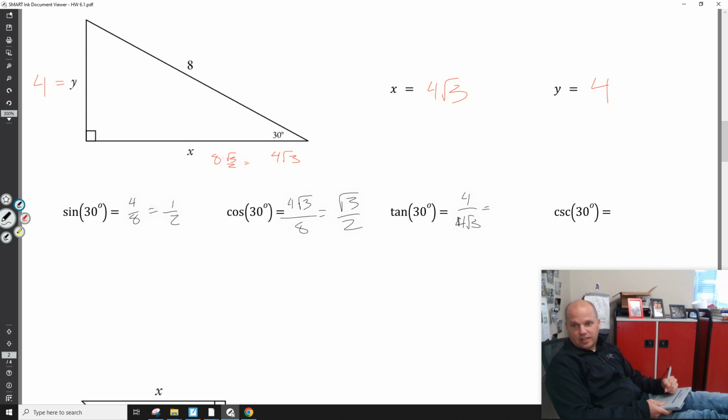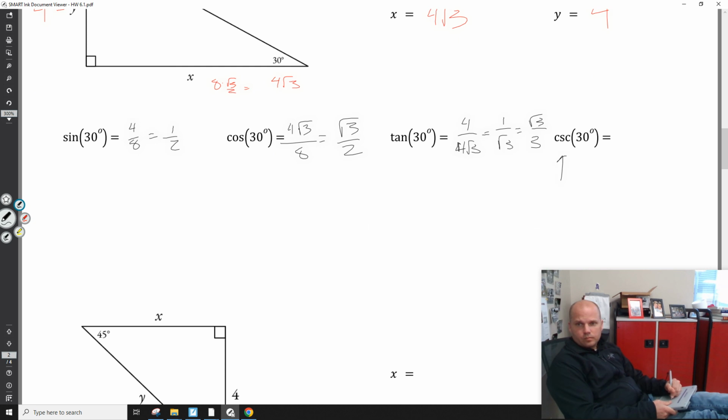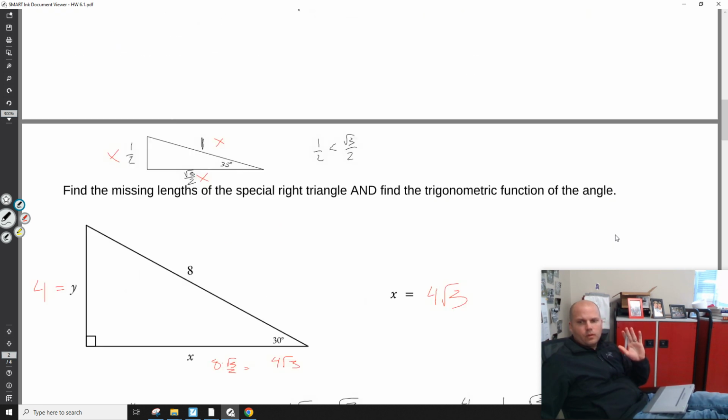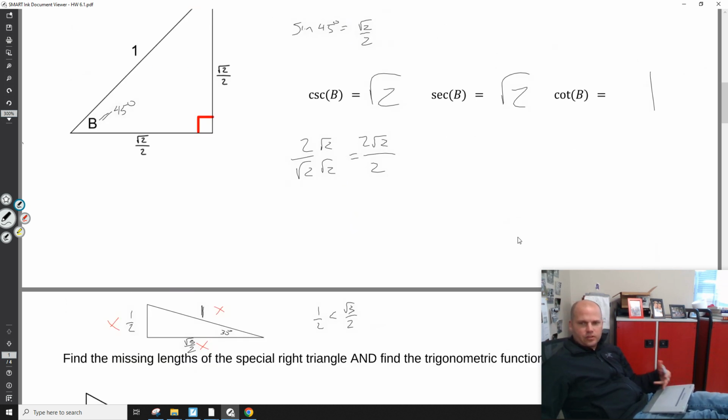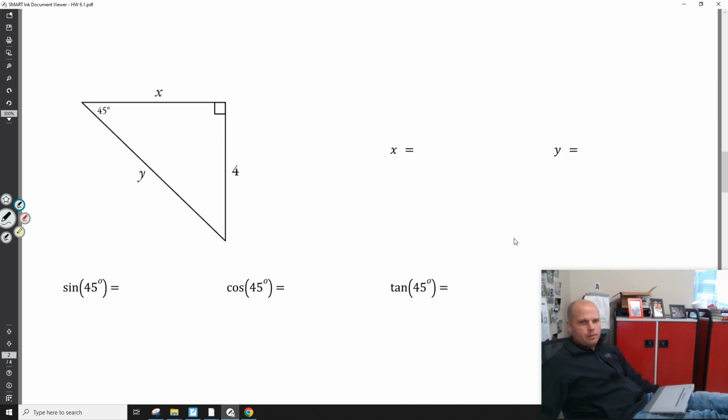Ends up being the same as the cotangent of 60. 1 over root 3 over 3. Cosecant is a reciprocal of sine. I found sine was a half, so cosecant is 2. These values will always show up when you're dealing with 30, 60, 90 triangles. These ratios will always show up.